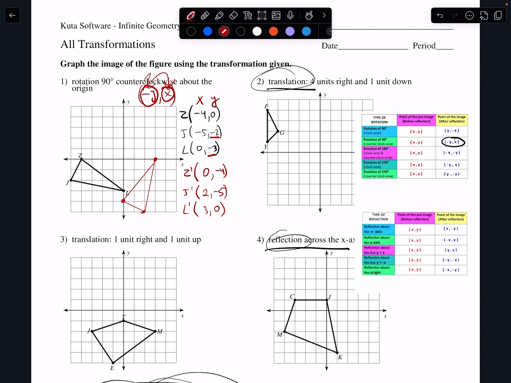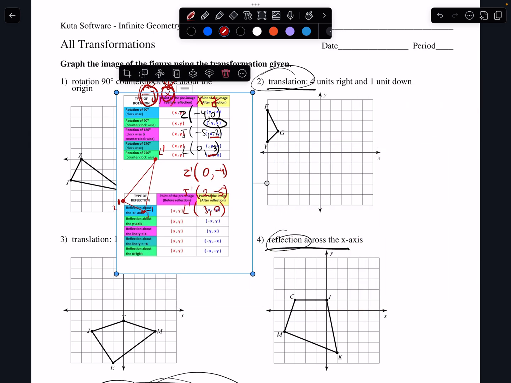And then what I want you to do is put the name on it, right? So this is Z prime, J prime, and then L prime. Yes, very good. Okay, so this is kind of how I want you to show the work.